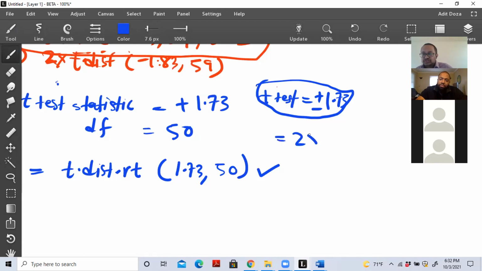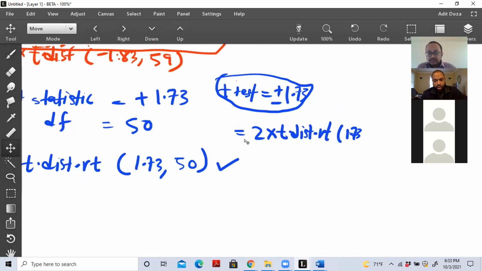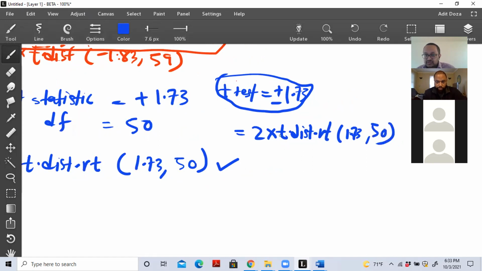So you can do 2 times T.DIST.RT of 1.73 and 50, right? Or you can use either tail in this case. You can use 2 times the positive tail, or 2 times T.DIST of the negative tail.